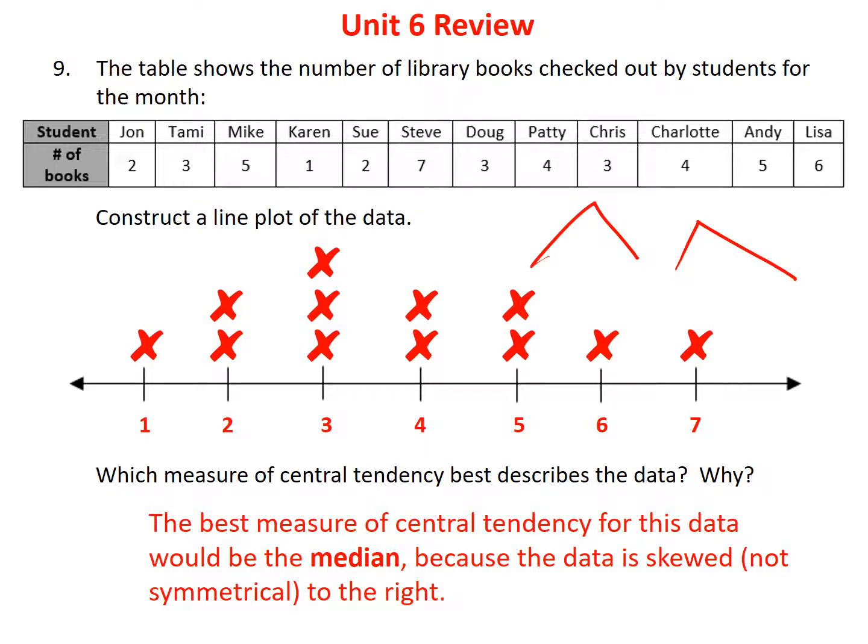So because it's not symmetrical, we'll tend to stay away from the mean because it would be skewed, because the data is skewed to the right. And the best choice would probably be the median. Notice the median here, if I crossed them off, one at a time from each end, the median would be between those two, or we would say about 3.5, as being the center of the data there.